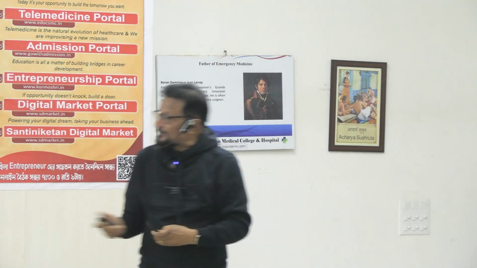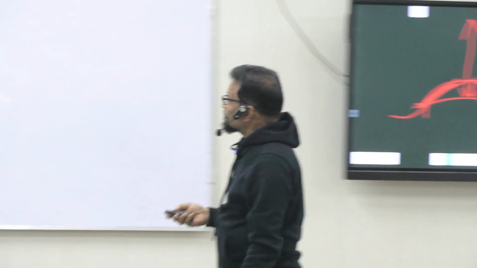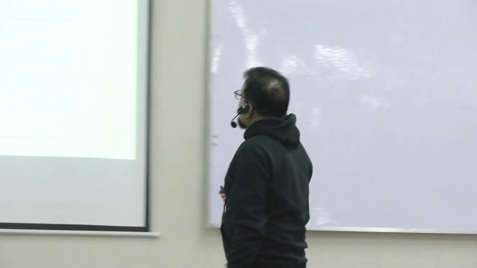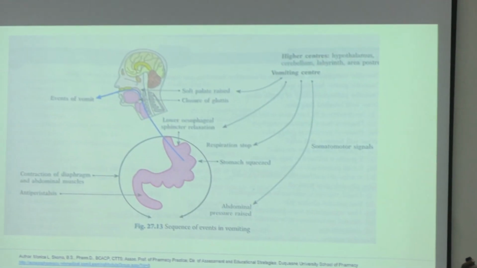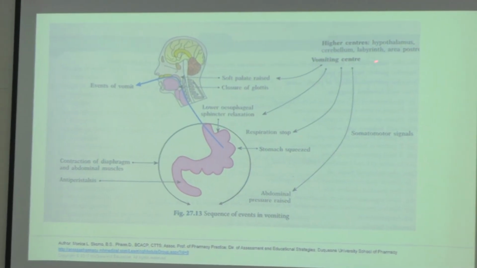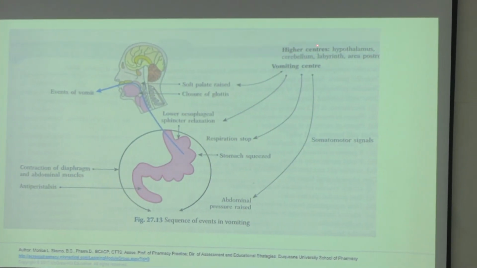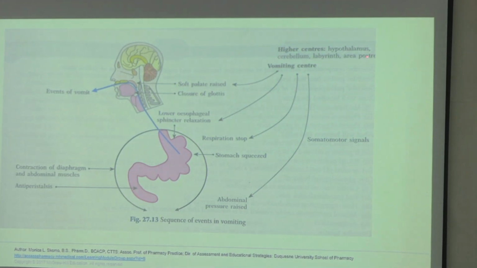So let us see the path. Higher centers: there are some higher centers like hypothalamus, cerebellum, chemoreceptor trigger zone, area postrema.